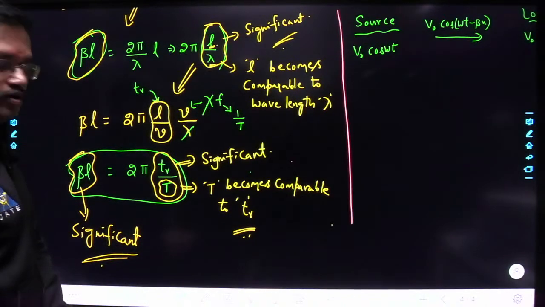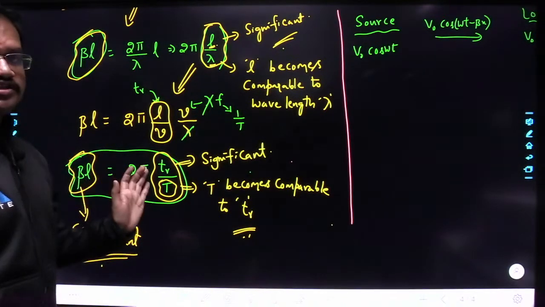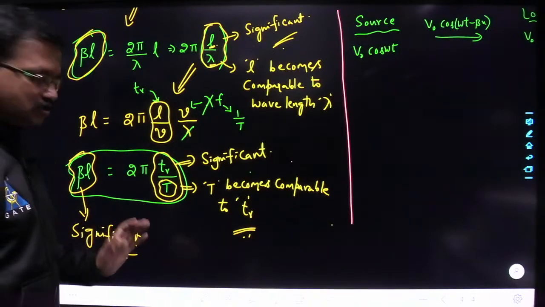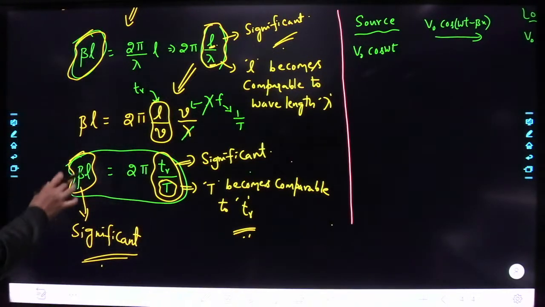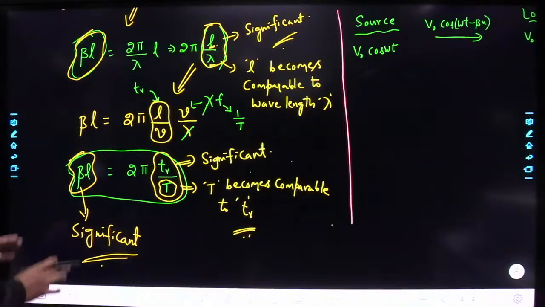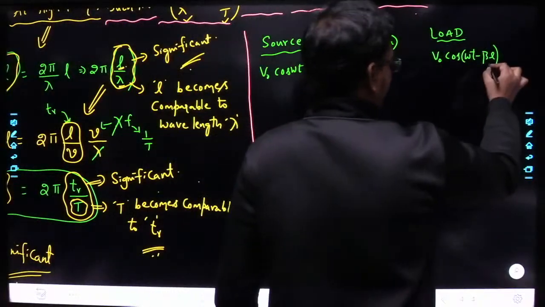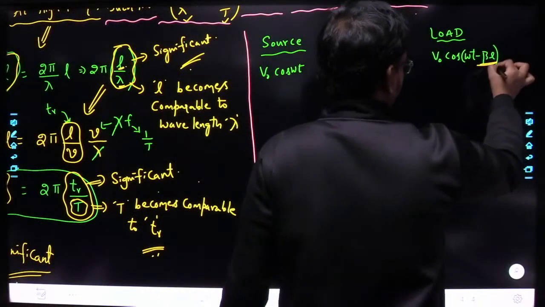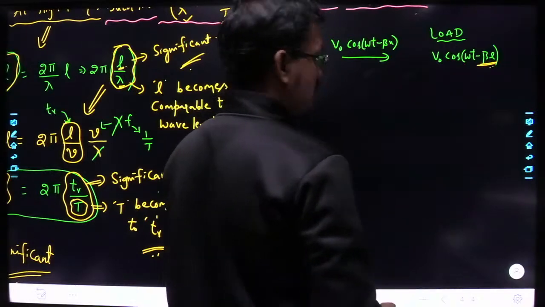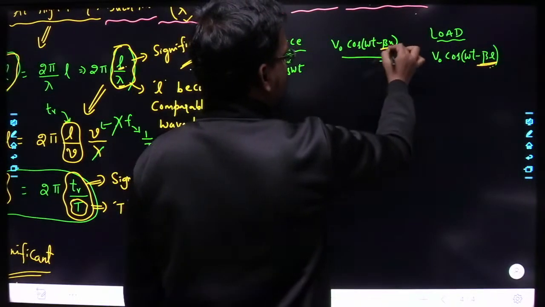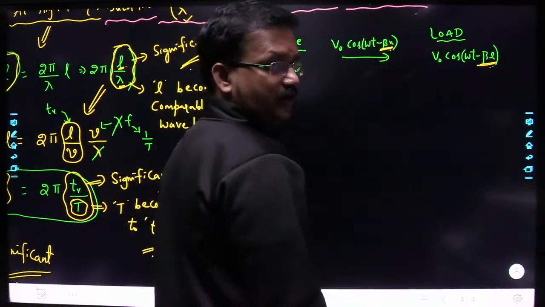Beta L is nothing but the change in phase over length L, so you should not neglect this change in phase. And hence you should not neglect beta x also.